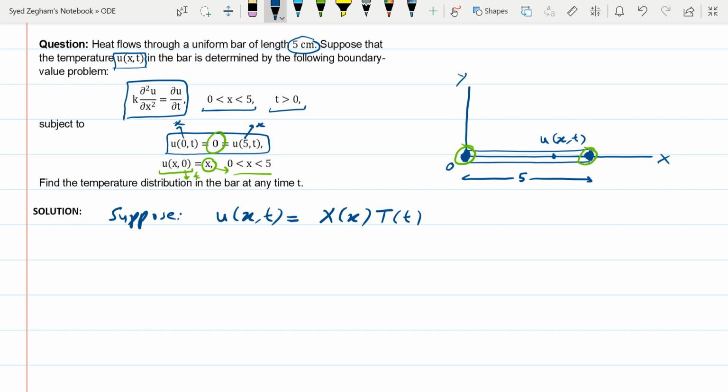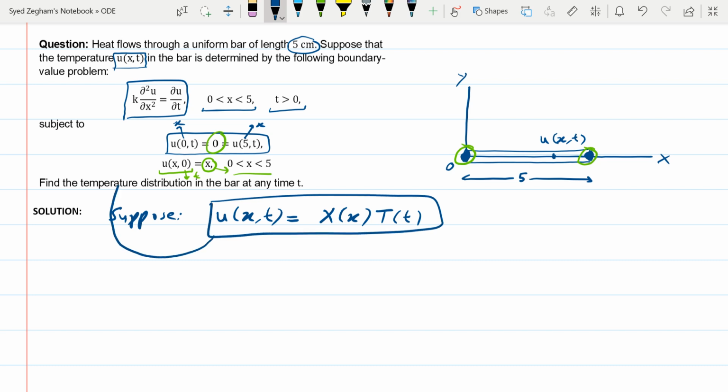Now, because this is a solution of my given equation, it means that this solution should satisfy the given equation, K ∂²u/∂x² = ∂u/∂t. So if I put this value of u in my given equation, what will I get?